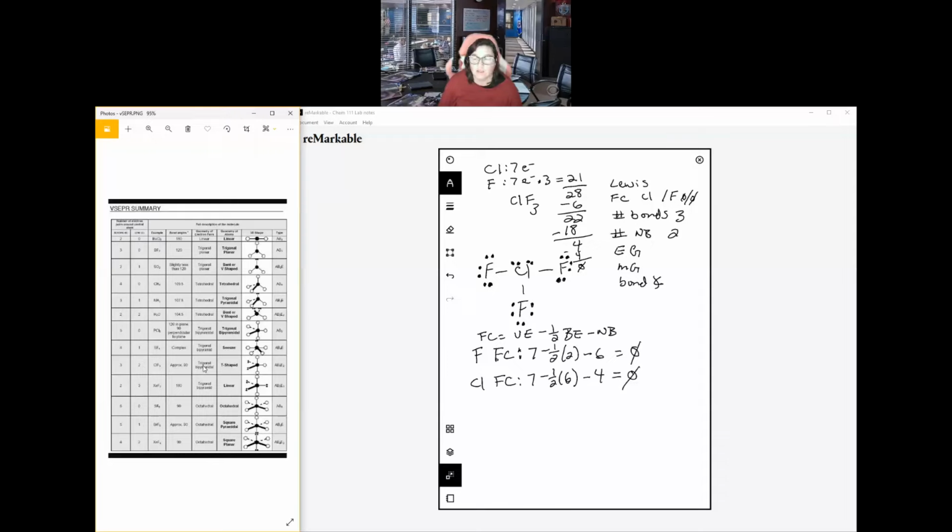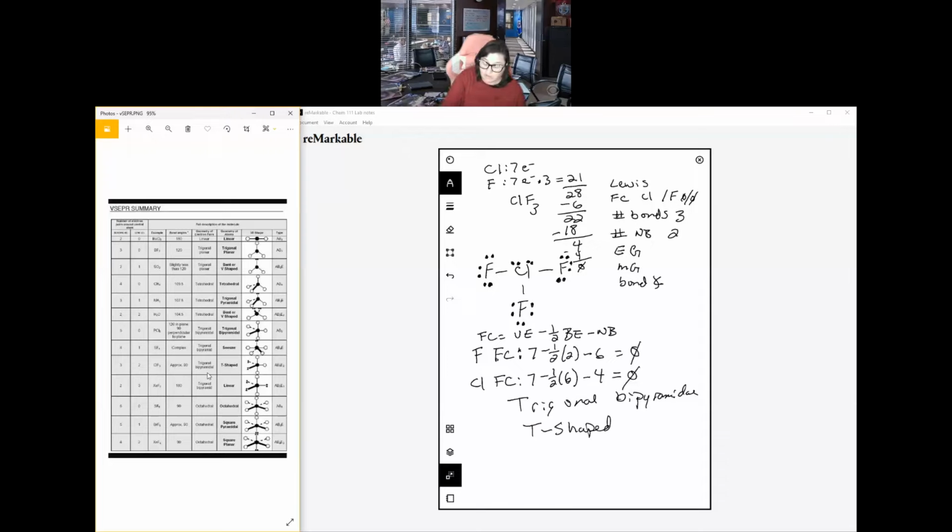Oh, awesome. That's good. Now it says that the electron geometry, or the geometry of the electron pairs, is trigonal bipyramidal. Okay, awesome. It also says that the molecular geometry, only the 3 that are there, is T-shaped.